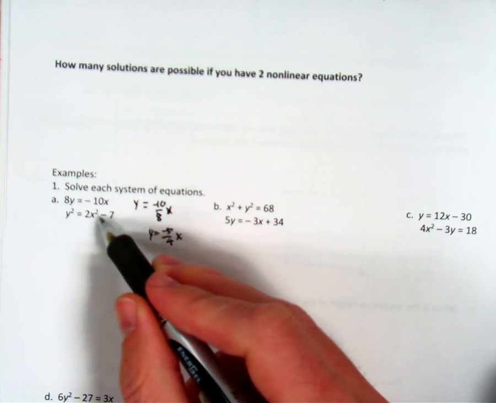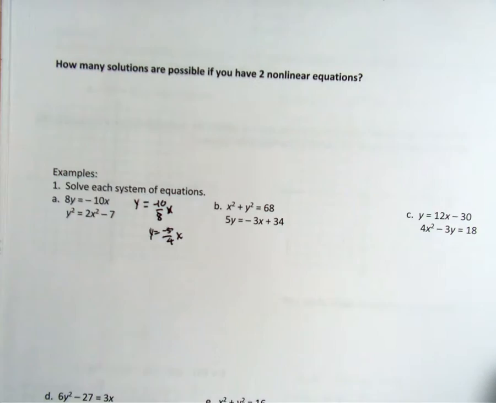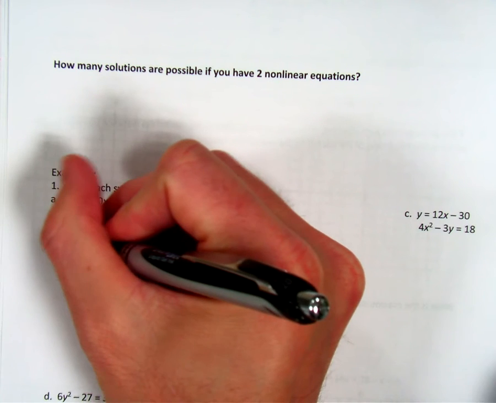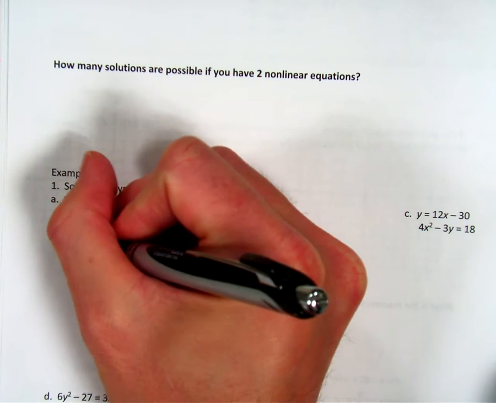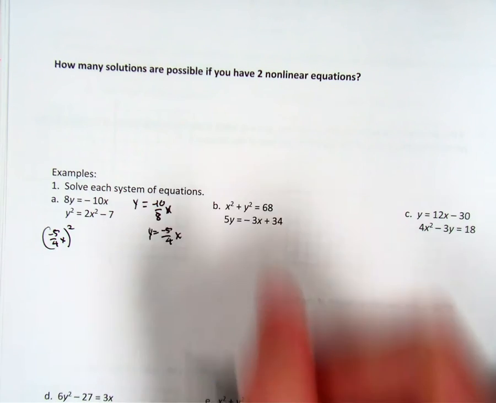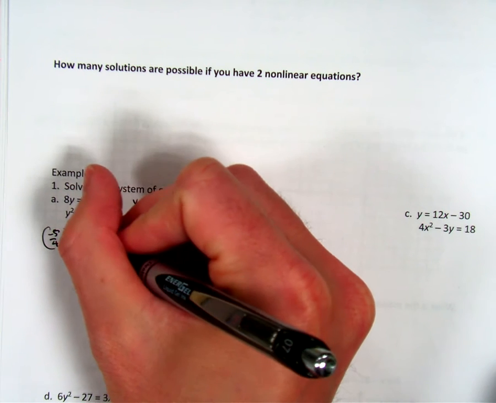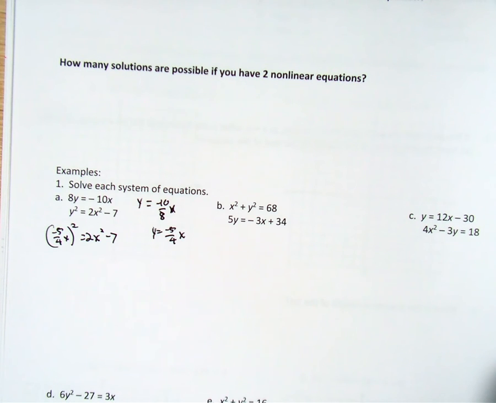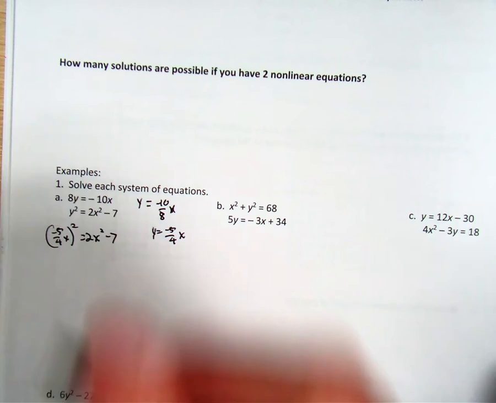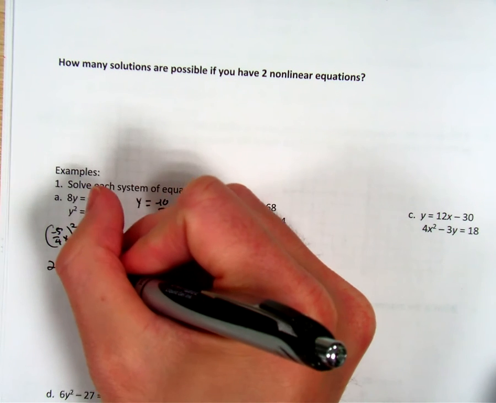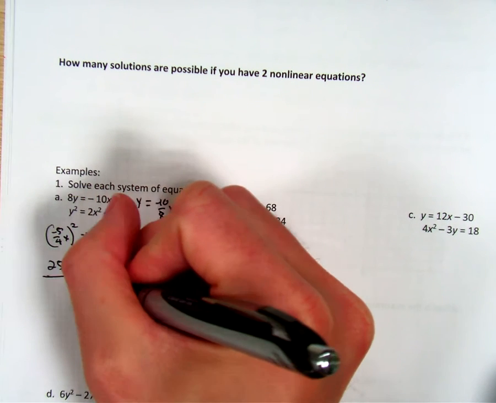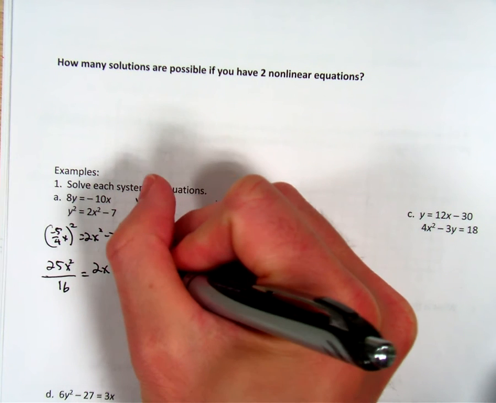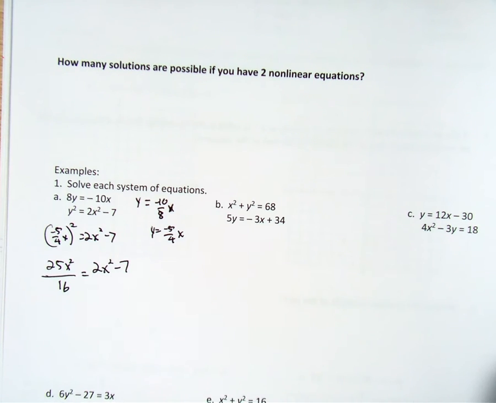We're going to plug that in for y over here: negative 5/4 x, squared, equals 2x squared minus 7. Square it, we'll have 25x squared over 16 equals 2x squared minus 7.